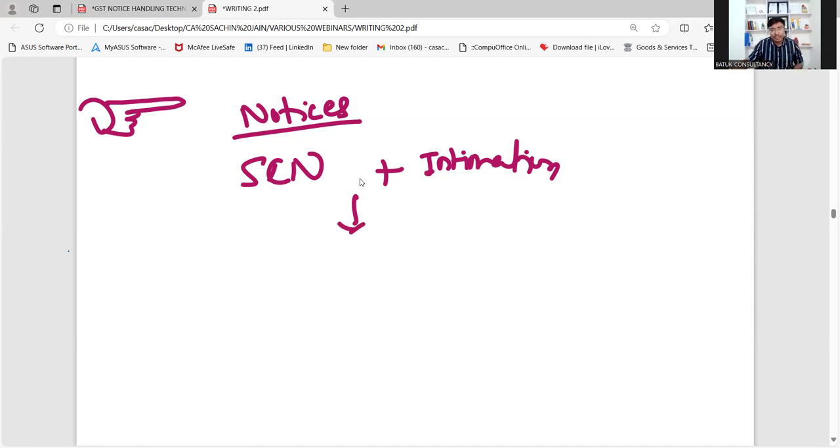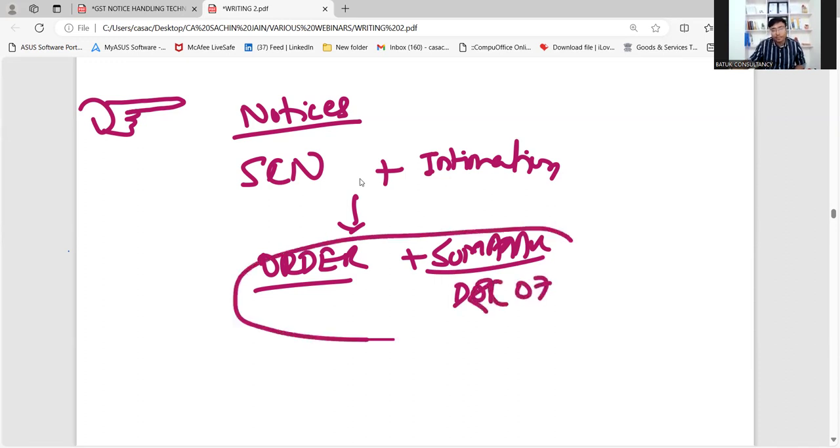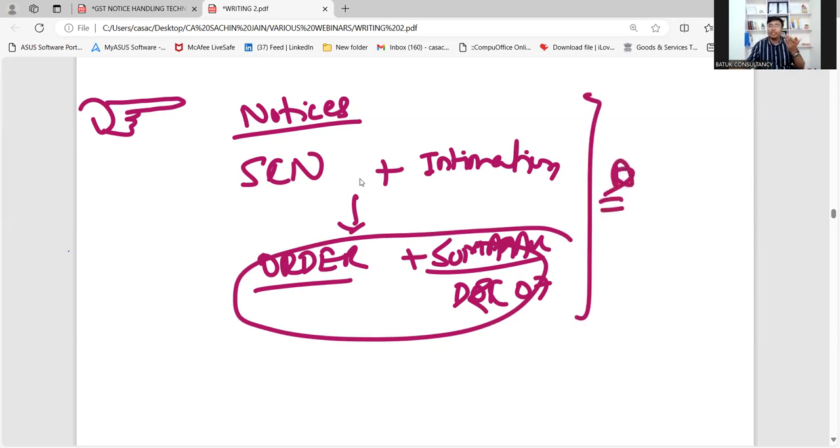After scrutiny and all these things, they will provide you one order. With that order, they will provide you the summary of that order, and the summary will be in DRC 07. So these are the two processes. That is the order of determination of taxes, and with that they will provide you the DRC 07, and the show cause notice will be issued first.